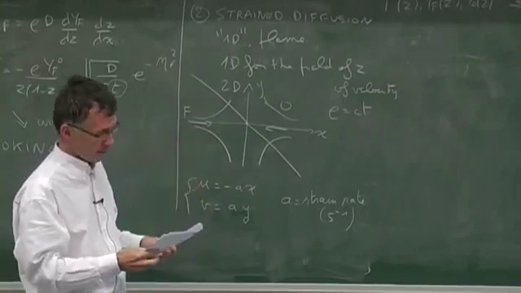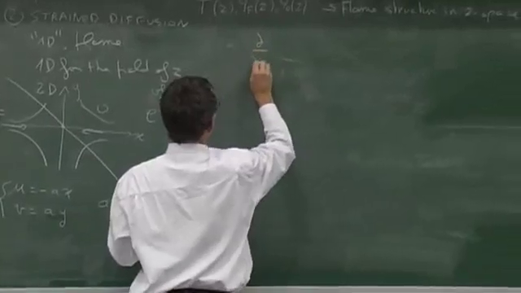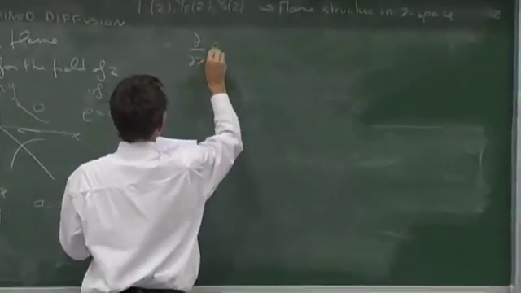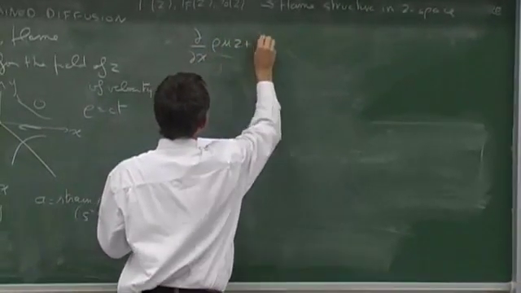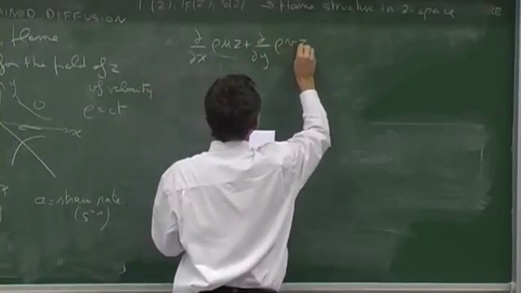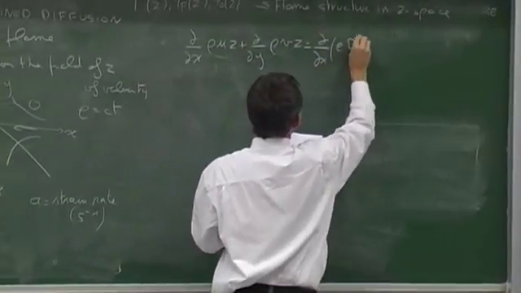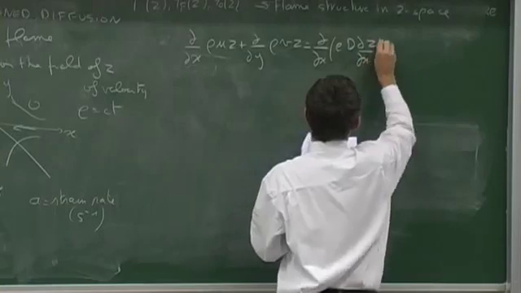So we need to plug it into our equation for Z. So let me write the equation for Z now. This is the equation we need to solve. As I said, this problem will have a steady solution. So we need to solve this equation now.